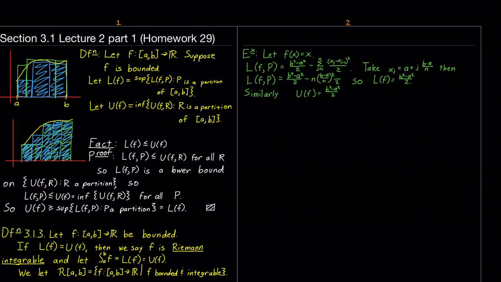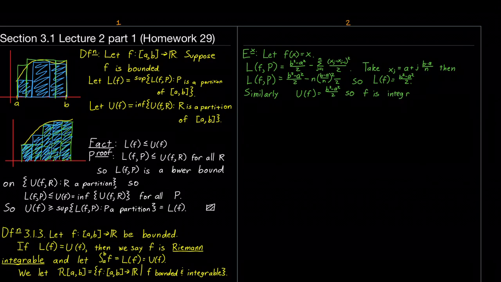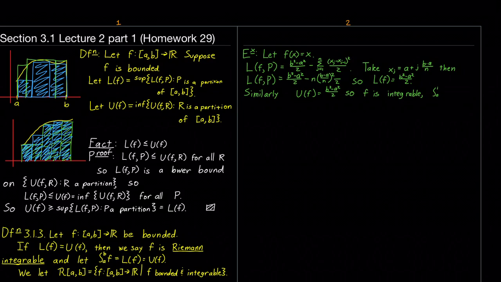Again, you're going to get the same error term except you add it and subtract it. So f is integrable, and the integral from a to b of f is (b squared minus a squared) over 2.